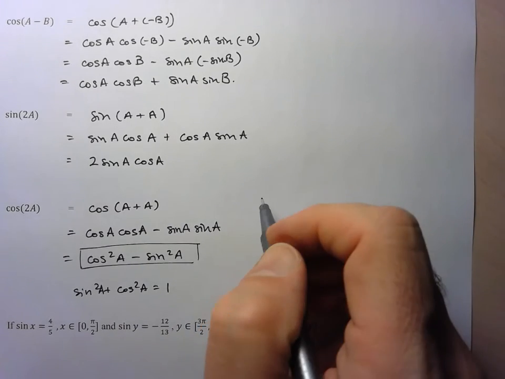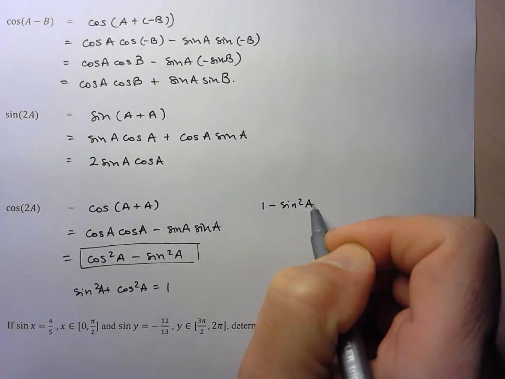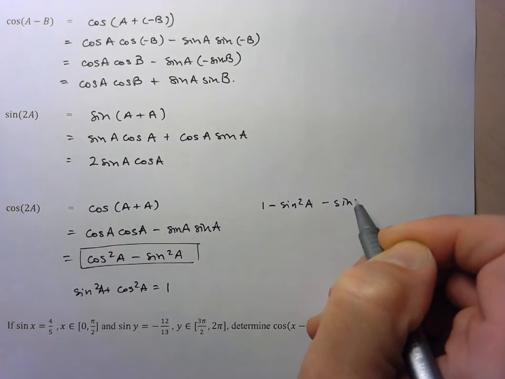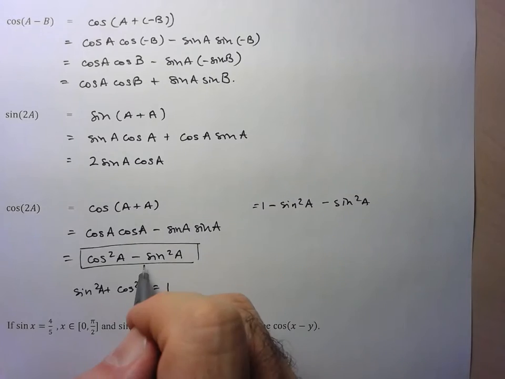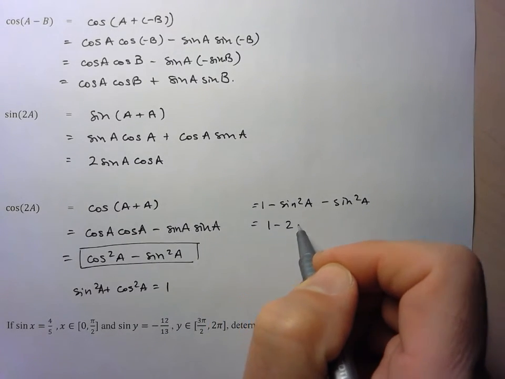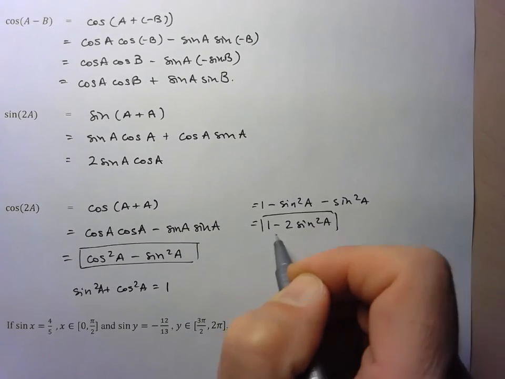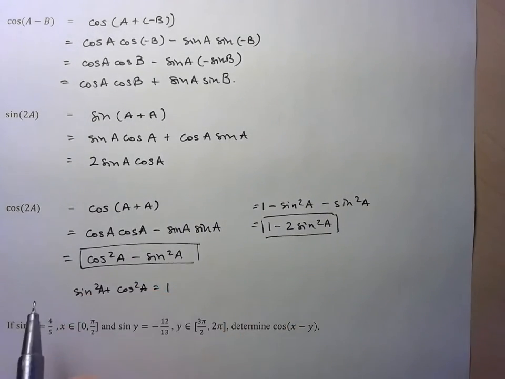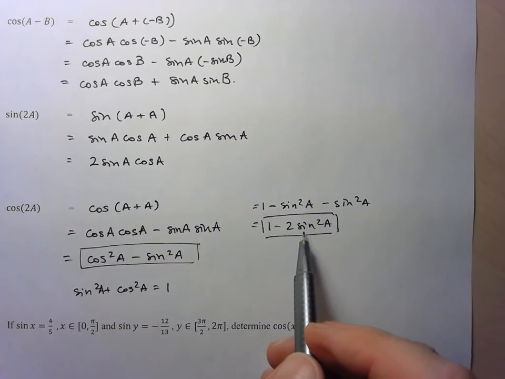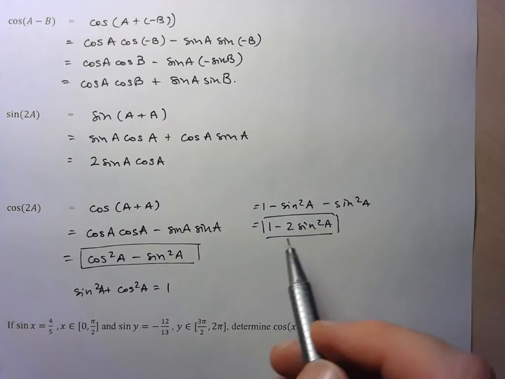So what does that give us? It gives us 1 minus sine squared a minus that other sine squared a. Now we can simplify that to 1 minus 2 sine squared a. And there's another version of our double angle formula.